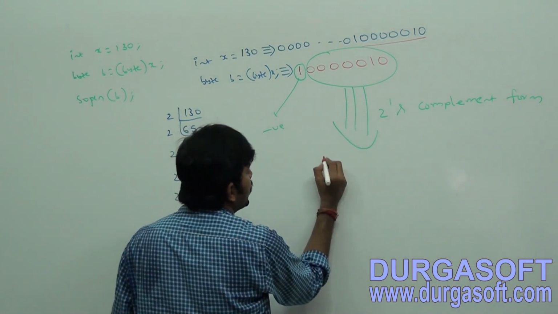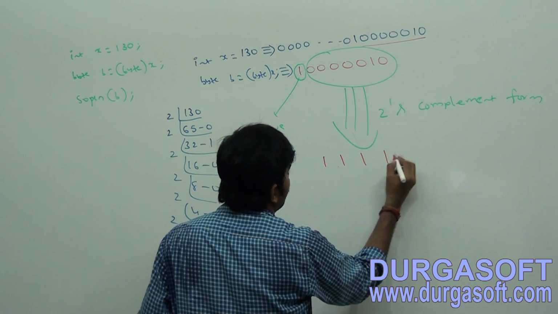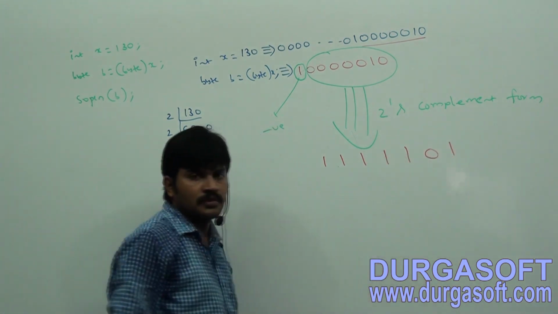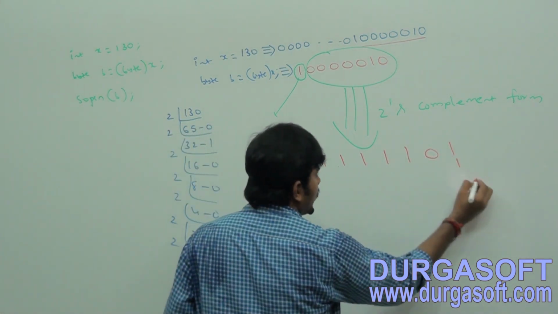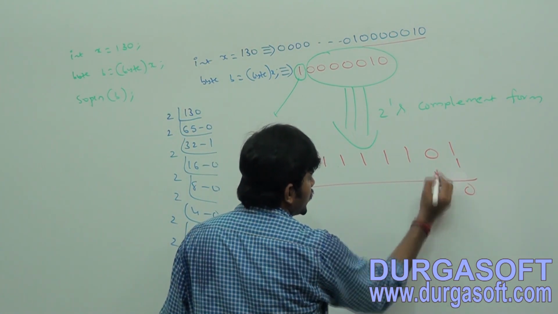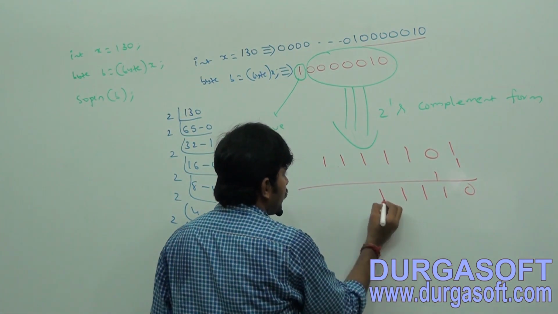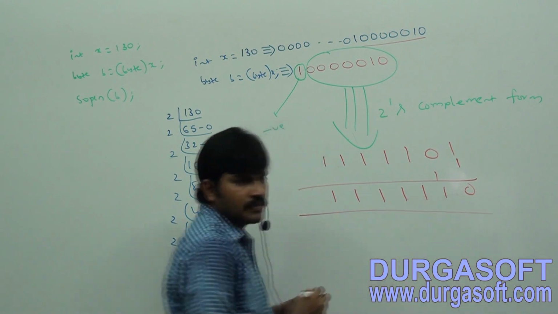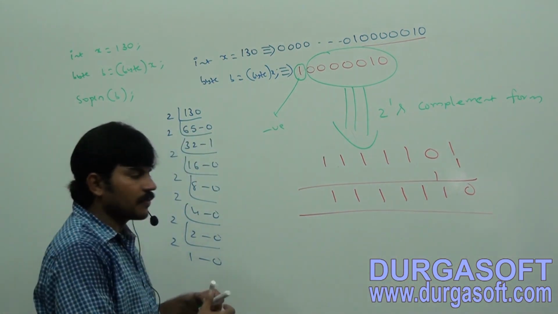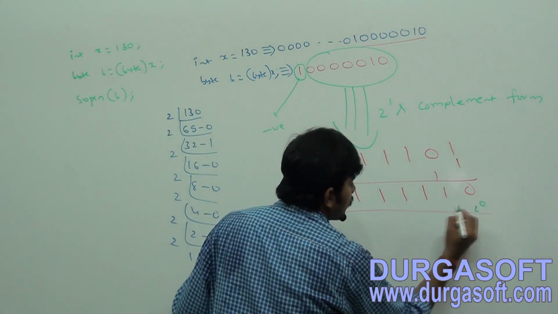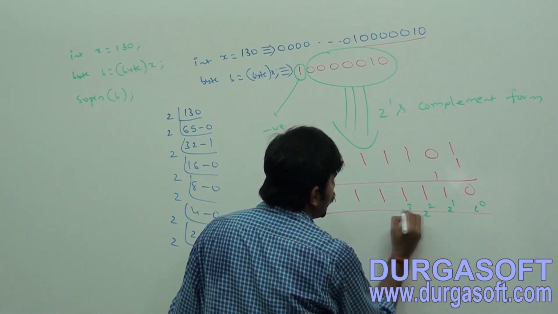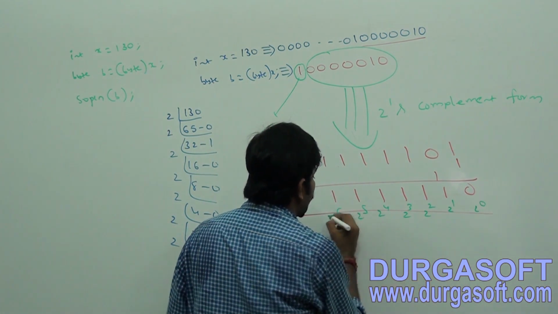What is the first 1's complement? 1 1 1 1 1 0 1. Add 1: 1 plus 1 is 0, 0 plus 1 is 1, and so on. Now observe, 2 power 0, 2 power 1, 2 square, 2 cube, 2 power 4, 2 power 5, 2 power 6.